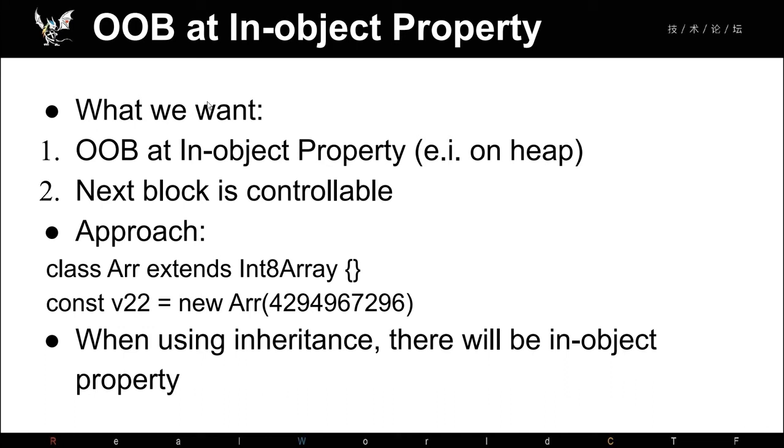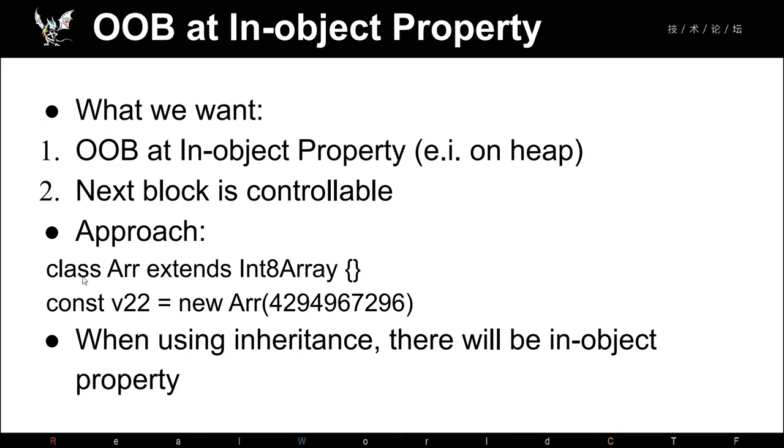So what we want is not an out-of-bound at the backing store property array. Instead, we want out-of-bound at the in-object property, which is on the heap. And we also want the next block to be controllable so that we can read arbitrary content as a pointer. The approach is to use inheritance.